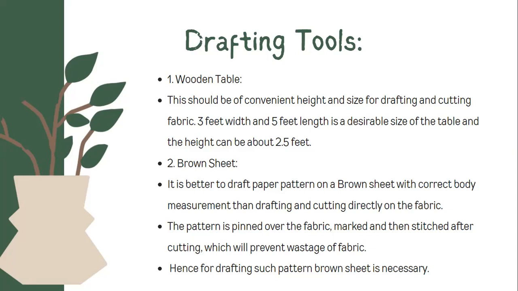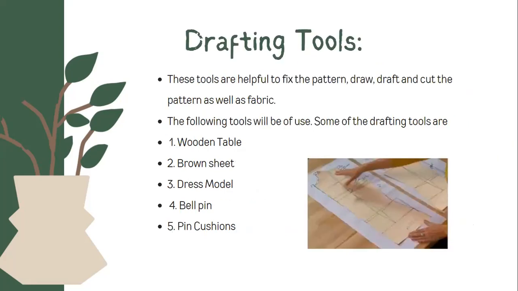So what you do is initially take your body measurements and draft the paper pattern first. You lay out your brown sheet and mark your measurements as per your body measurements. You can see this in the picture over here.